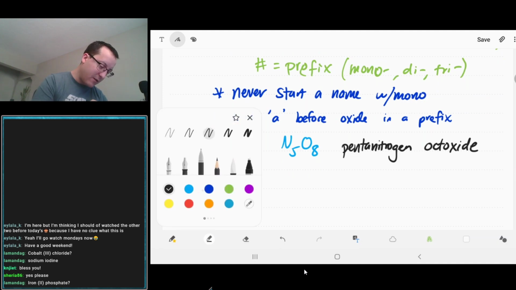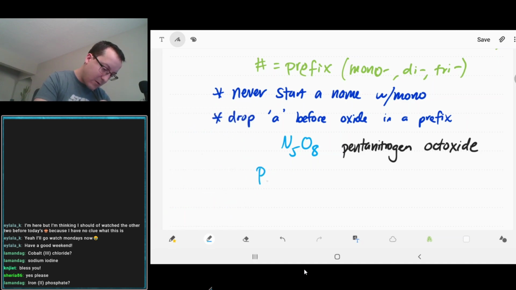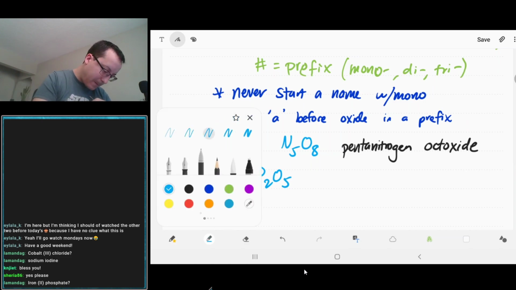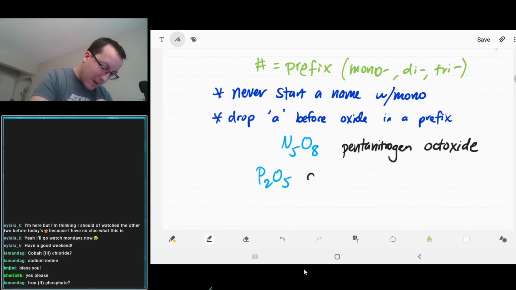Or here's another one: diphosphorus pentoxide.